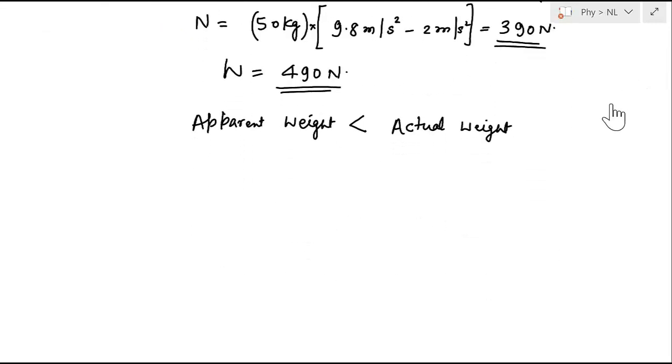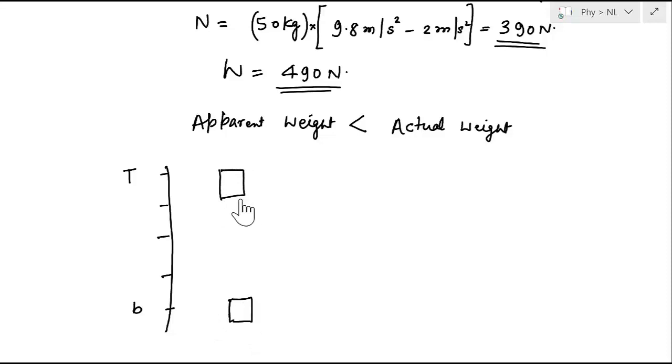In fact, all of you have experienced this. For example, if you are going inside an elevator, so let's say this is a multi-story building, this is the top floor and this is the bottom floor. If you are coming from the top floor to the bottom floor, initially this elevator will start from zero velocity and it will accelerate, its speed increases.